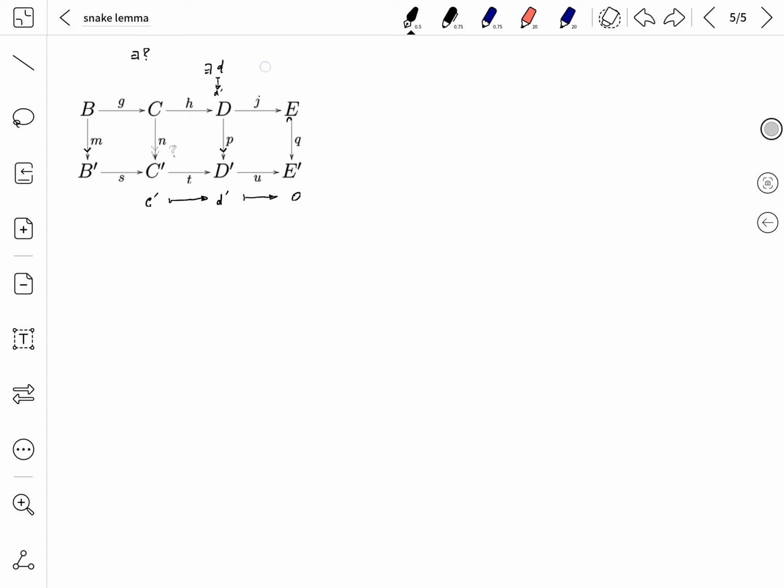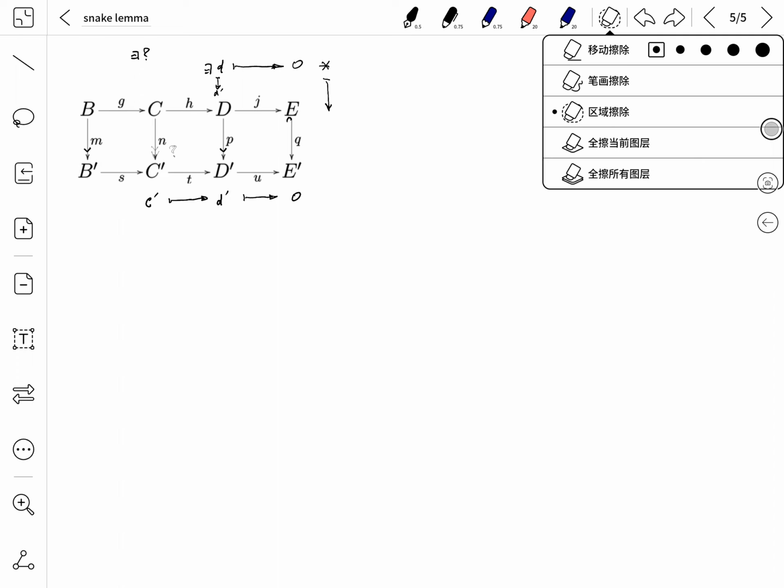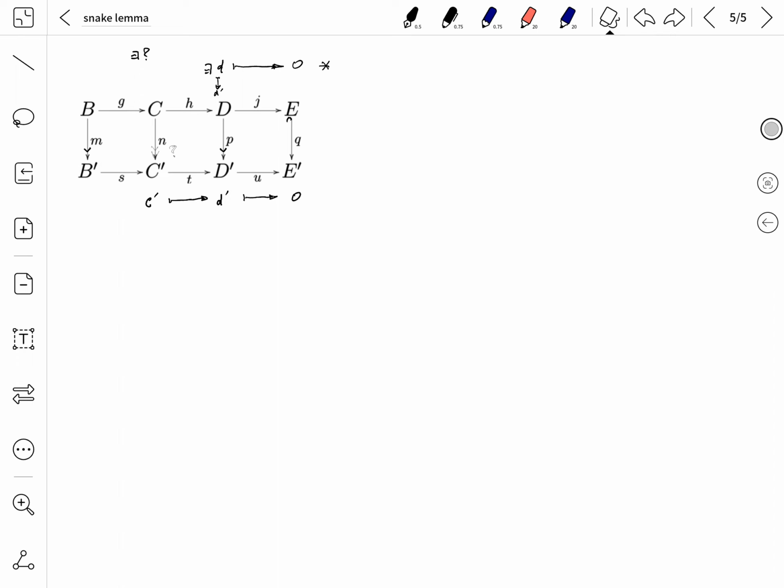And so this one must be mapped to what? 0, because what is mapped here by the commutative diagram is mapped to 0. And so this is an injective map, so this star must be 0 itself.